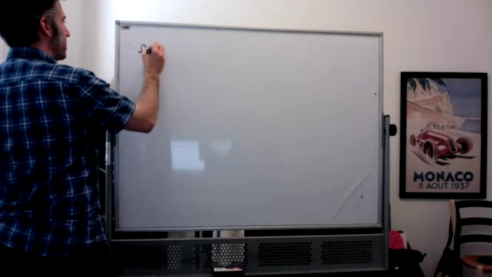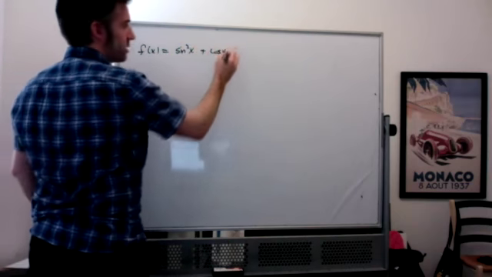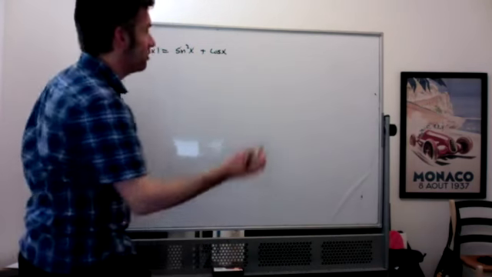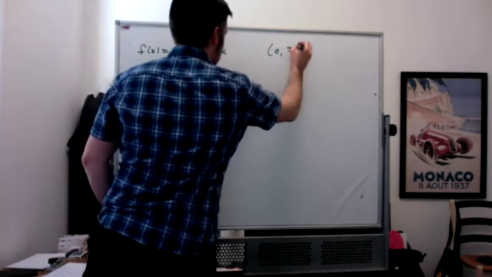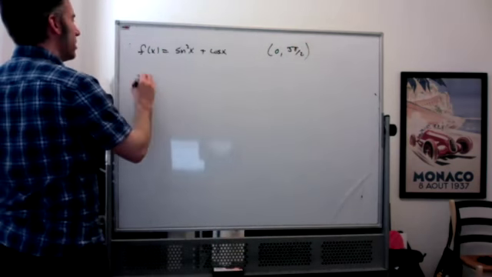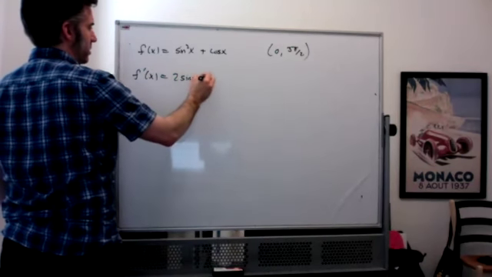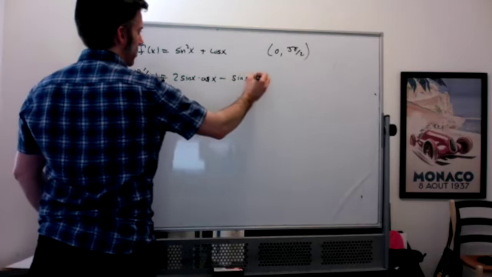So, right, for f of x equal to sine squared x plus cosine x on the interval 0 to 3 pi over 2. It is funny though that it's virtually the same question, but not exactly. The derivative was 2 sine x times cosine x minus sine x equal to 0.